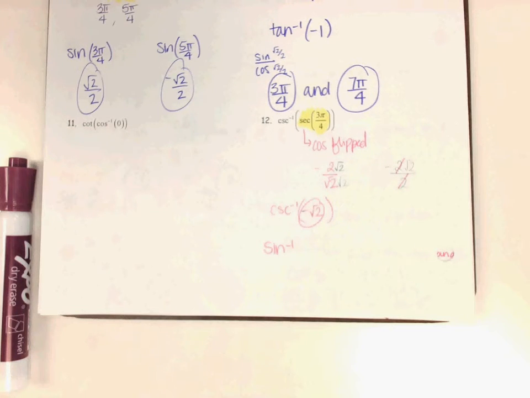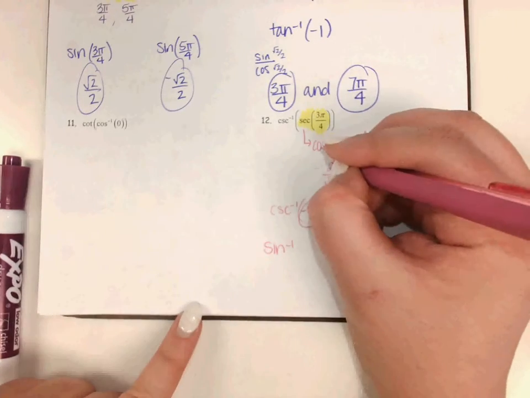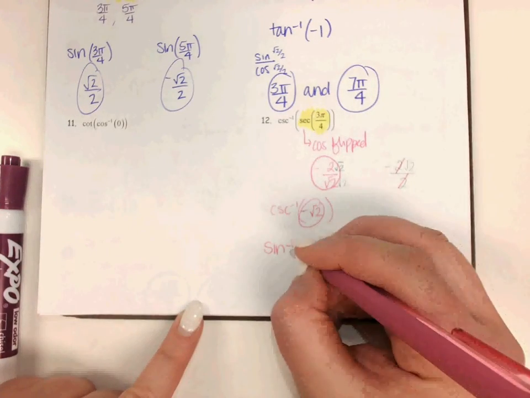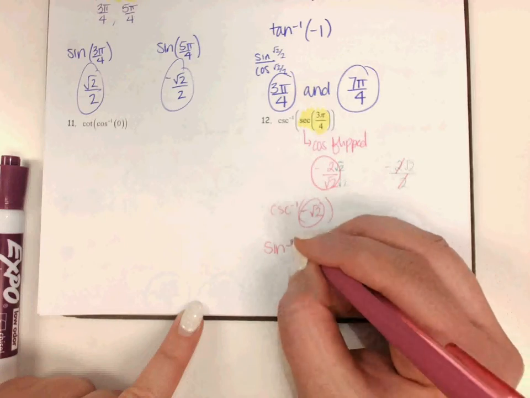Think about it. If I had just left it a negative 2 over root 2, even though I'm breaking the rule, if I'm about to flip it back, then I'm just going to flip this. You see what I'm saying? We fixed it to follow the rules, but now we're just going to have to fix it again. So if this is the angle I want, and I flip that, it'd be negative root 2 over 2.